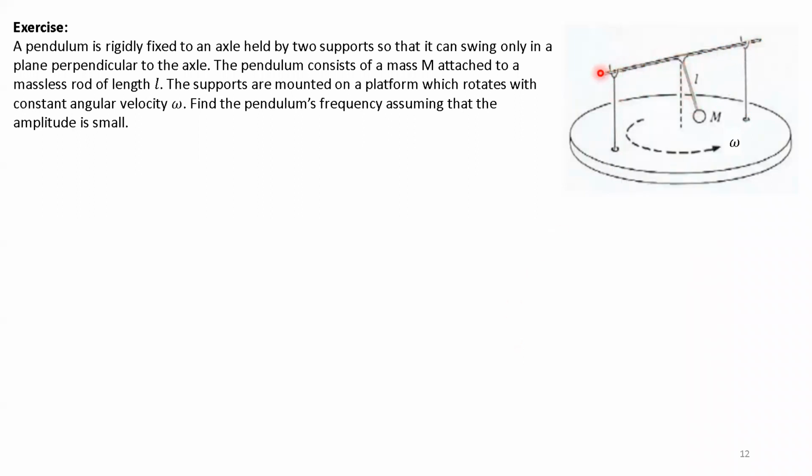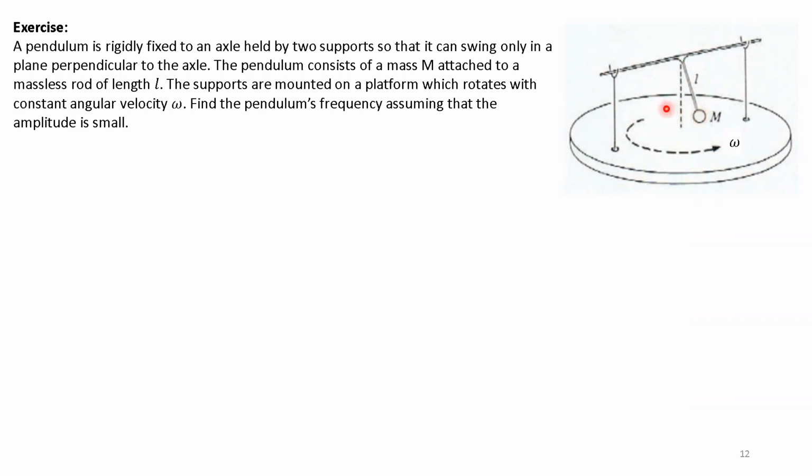Just imagine that this whole thing is a rigid body, a piece of metal, and at the end of this T-shaped structure you attach a mass M. Now you just consider this as the same simple pendulum as we always consider. If the platform is not rotating, this M will just do a pendulum motion like this.